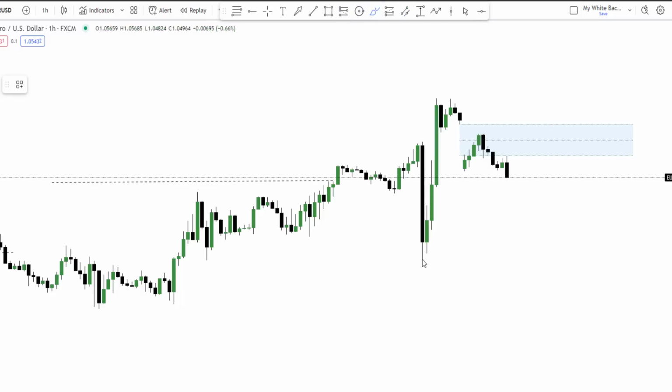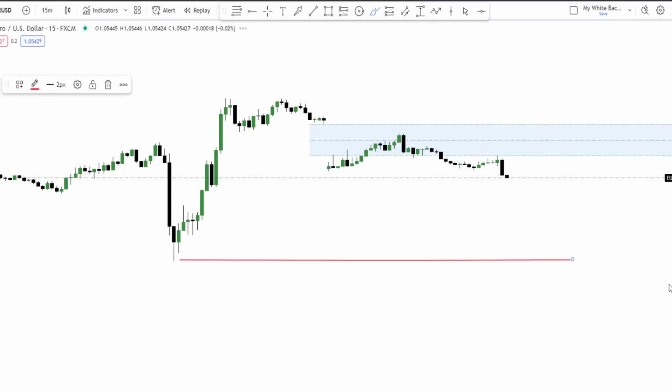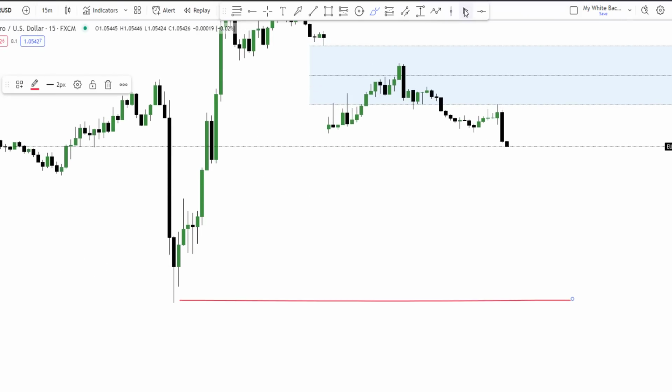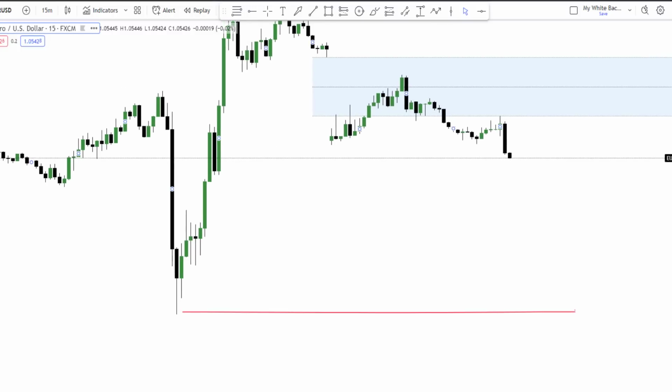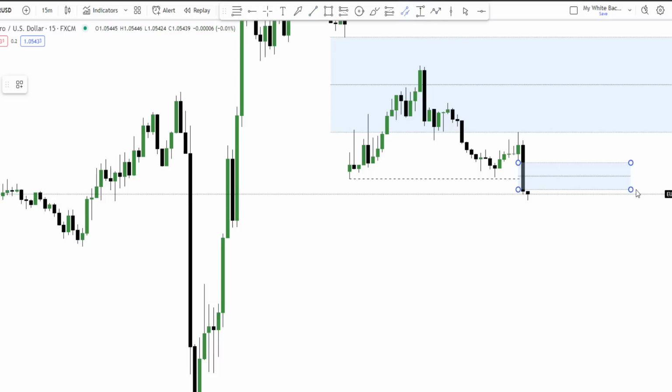All right, so you can look for an entry in this movement, maybe in the 15-minute time frame or the 5-minute time frame. So price is pushing downward, breaking structure right here, or shifting market structure right here. So if you want to take a trade, probably price may return to this area. All right, price may return to this area, and then that is where you're going to be taking the trade.